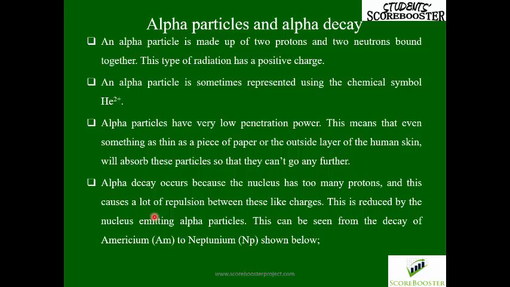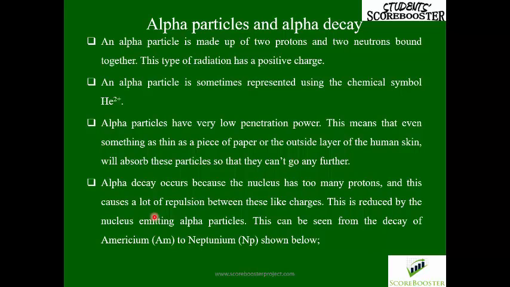An alpha particle is made up of 2 protons and 2 neutrons bound together. There are no electrons, so it makes it a positive charge. We have 2 positive charges and the other neutral charges. So it means that in the nucleus we have 4 mass units, which makes it a very dense particle. And making it a dense particle means we expect it to have a very low penetration power.